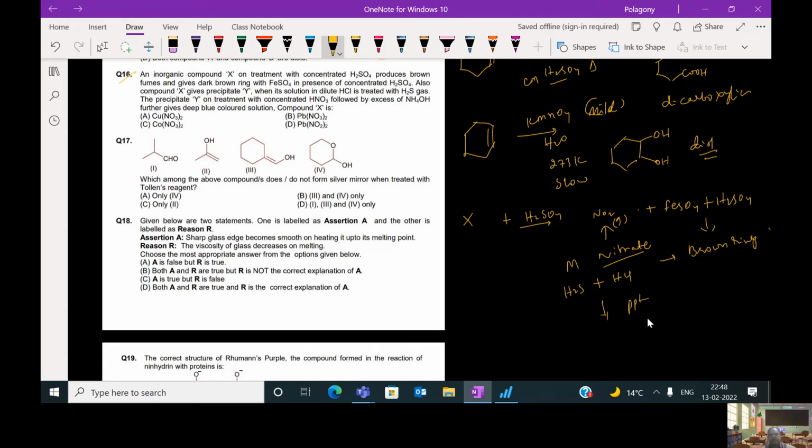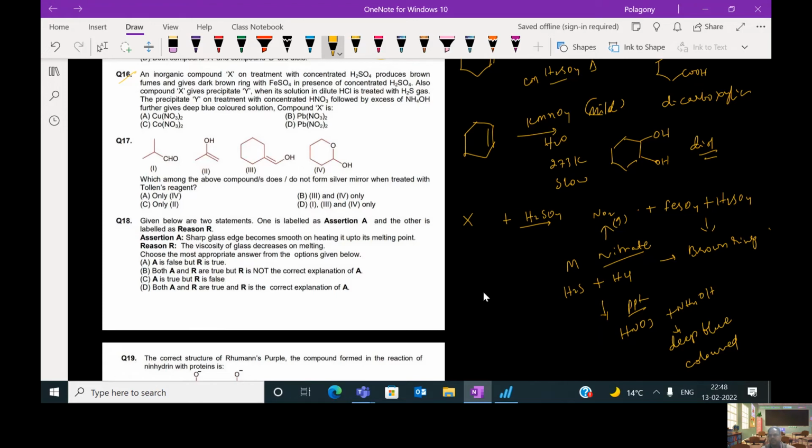This precipitate, when treated with concentrated nitric acid and excess ammonium hydroxide, gives a deep blue colored solution.